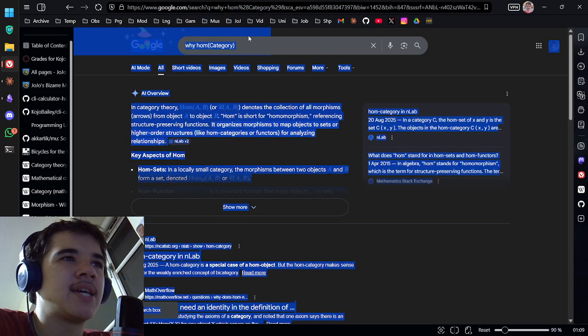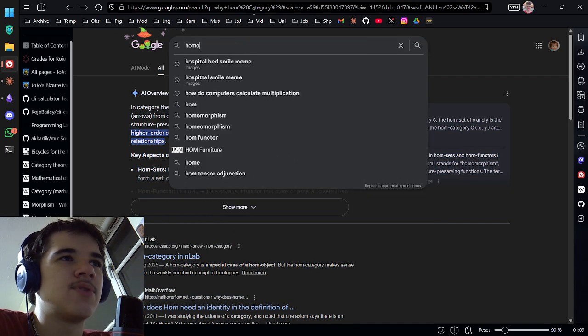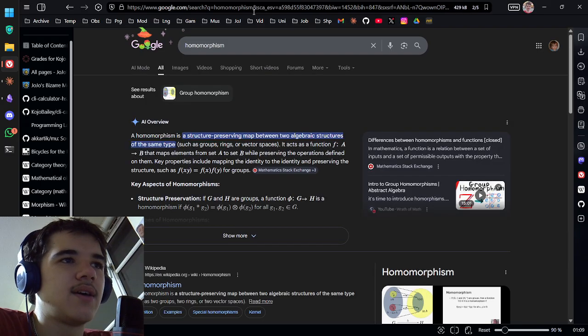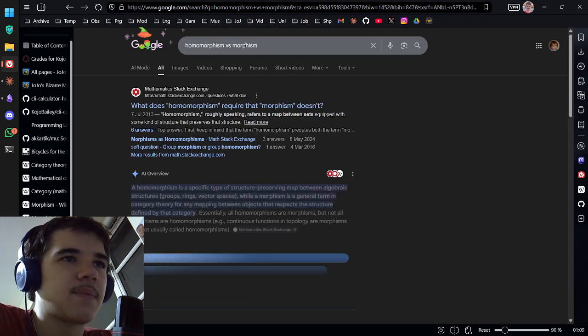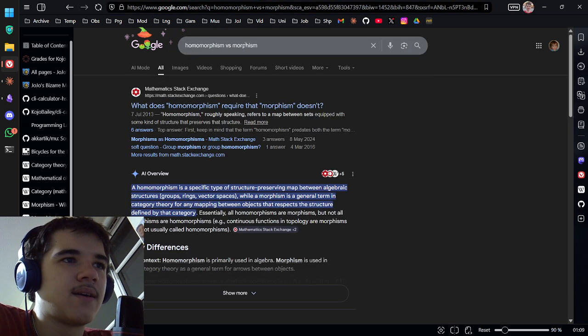So what actually is a homomorphism? A structure-preserving map between two algebraic structures of the same type. So versus morphism. All homomorphisms are morphisms, but not all morphisms are homomorphisms.